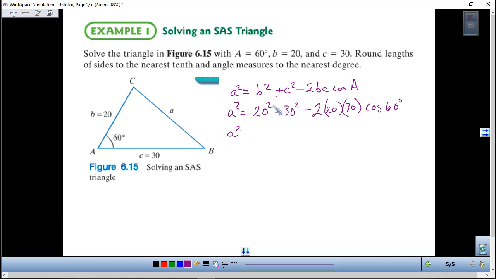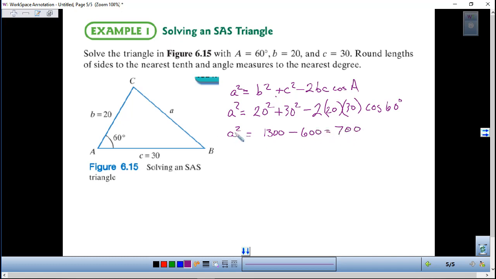So 20 squared is 400, 30 squared is 900, so we're going to get 1300 minus 20 times 30 is 600 times 2 is 1200. The cosine of 60 is 1/2, so 1/2 of 1200 is 600, which gives us 700.